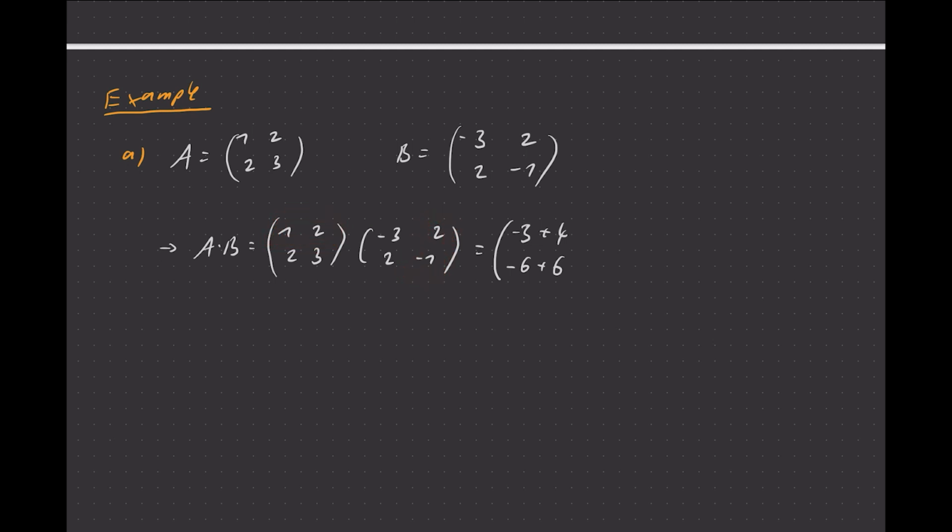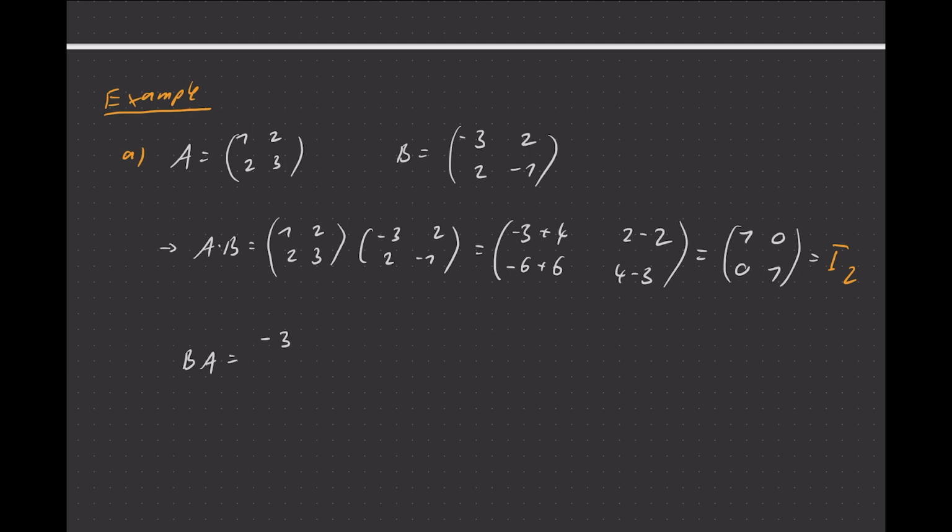That is 2 minus 2. And finally, second row, second column. That is 4 minus 3. And as you can see, this is actually this matrix here. So we do get the identity matrix I_2. That's a good start. So AB works.